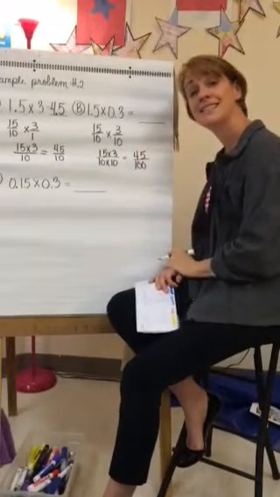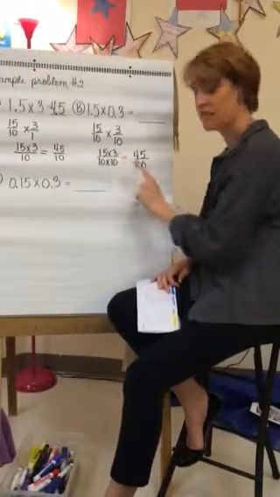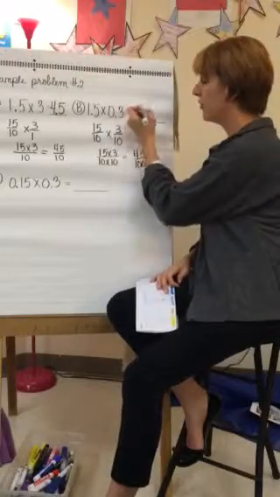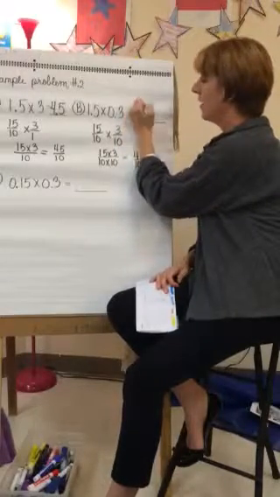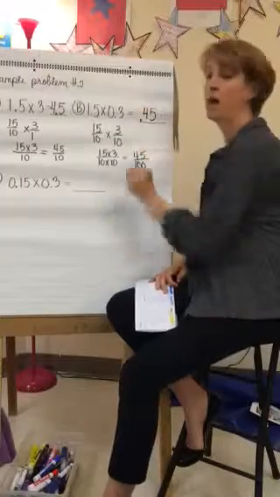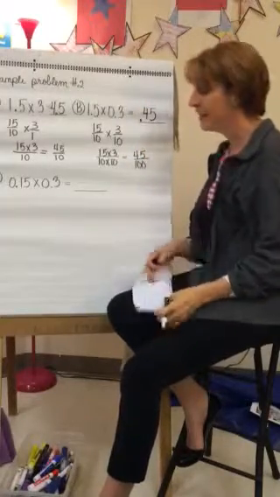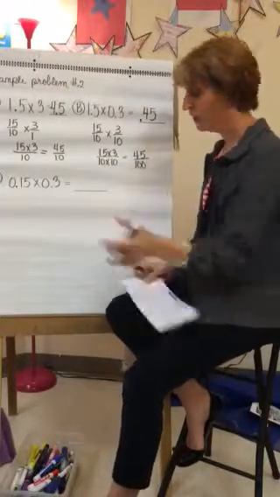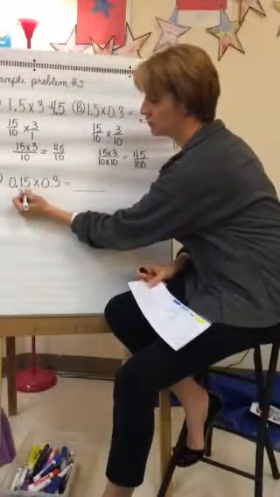The students would then see the difference between 45 tenths and 45 hundredths, and that would be rewritten as 45 hundredths.